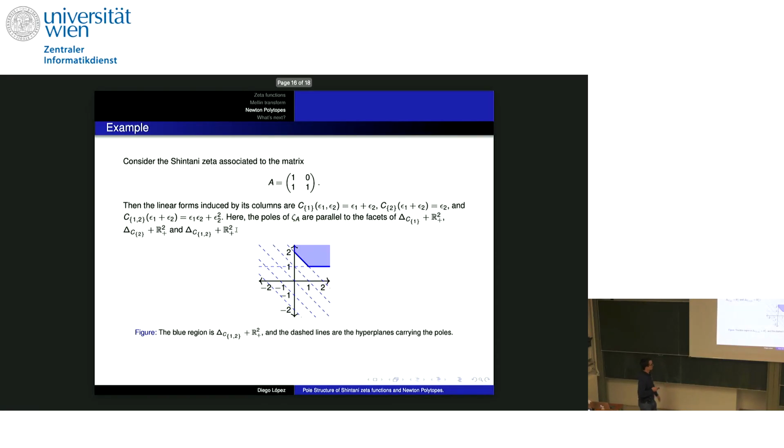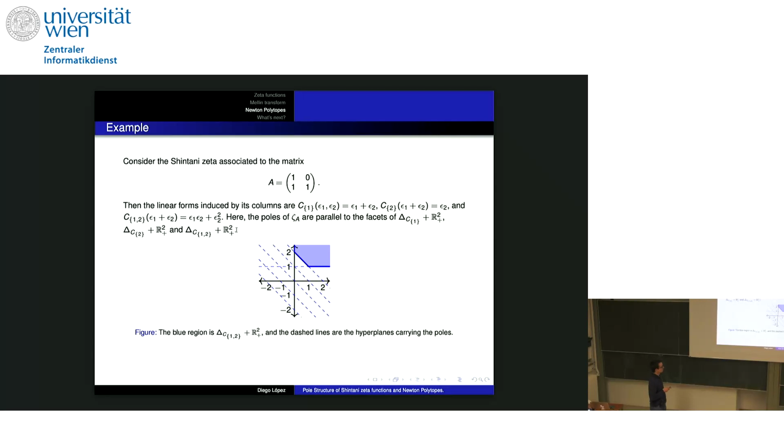So let me once again explain that with a small example. If A is this matrix, then the linear forms we had before, the c_J's, are these three. Capital J could be the set with only one, the set with only two, or the set with 1 and 2.